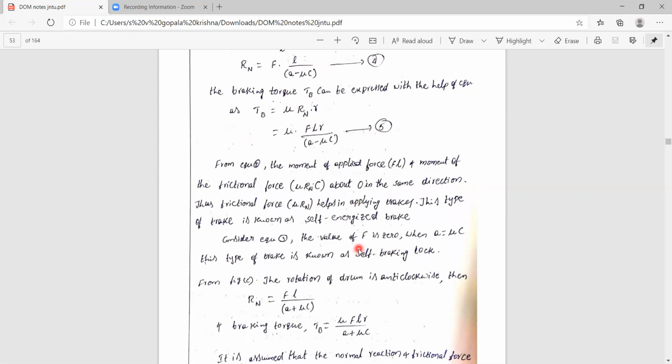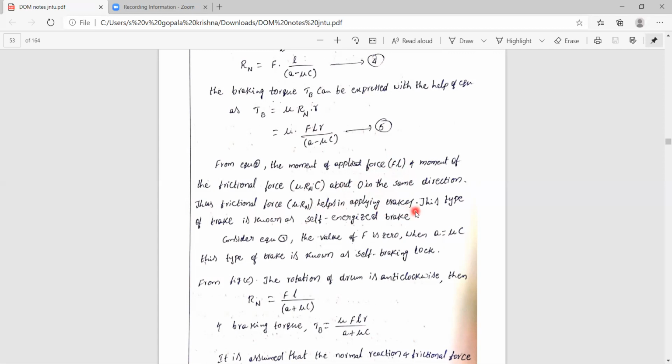Here we have two cases. When the moment of the applied force and the moment of the frictional force about O are in the same direction, the frictional force mu Rn helps in applying the brakes.